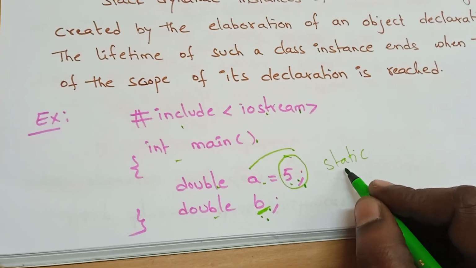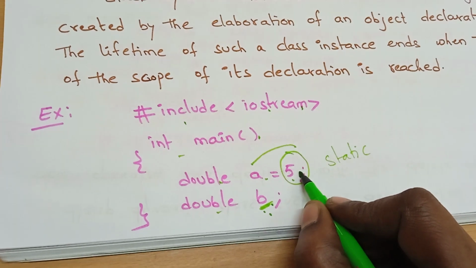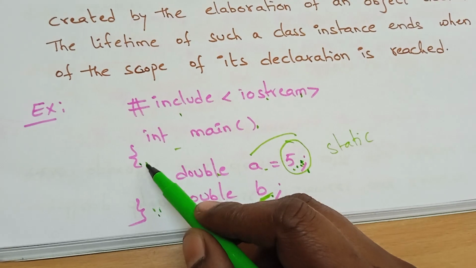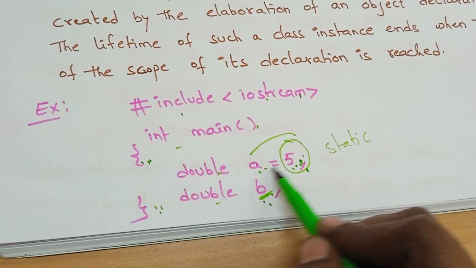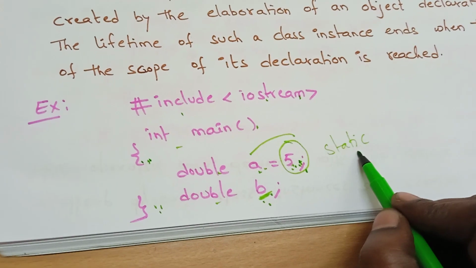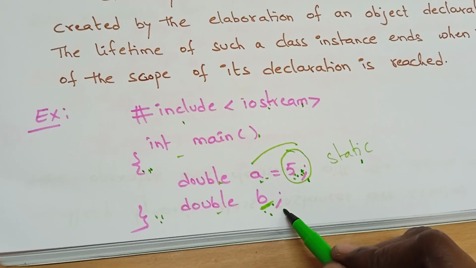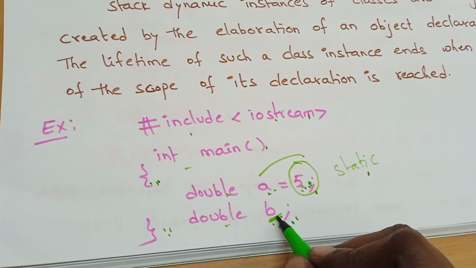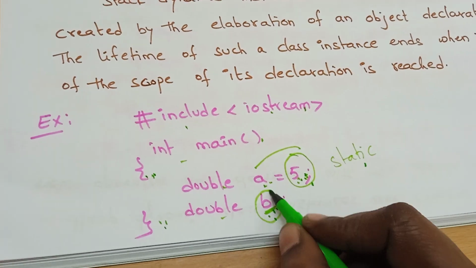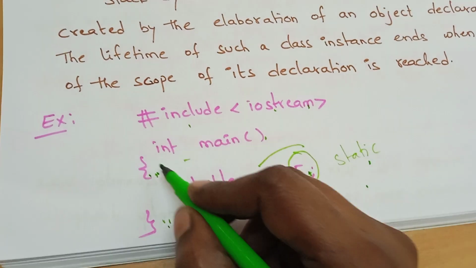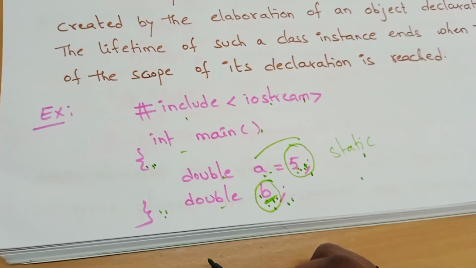Now what is static? The value remains constant and the scope of the static variable is throughout this block. You cannot use the same A with the value of 5 outside the block. This is what a static variable means. What do we mean by a stack dynamic variable? Its value will be given at runtime and the scope of the variable is throughout this block.